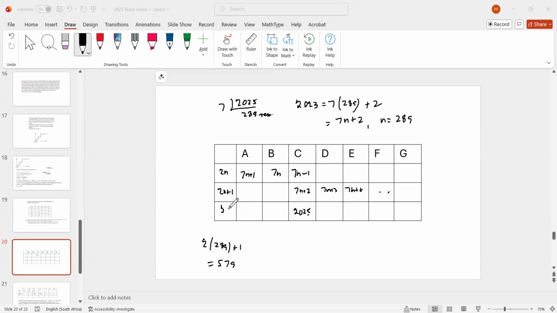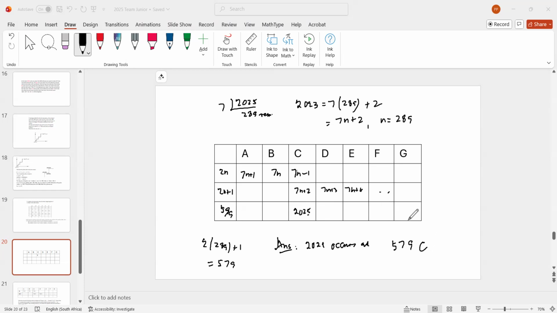So we've actually found out where this is. The answer is that 2025 occurs at row 579, and the column is C.